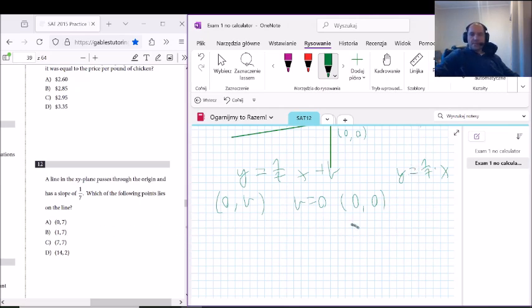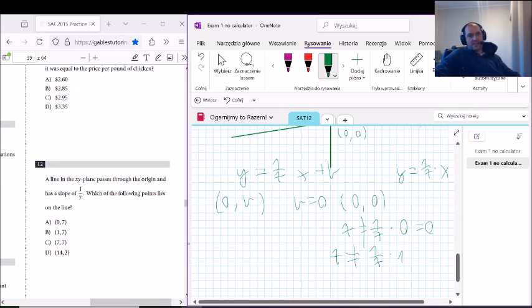So for point 0, 7, we get 7 equals 1/7 times 0. 1/7 times 0 is 0. That's not right, so this point doesn't lie here. The same for B. We will have 7 equals 1/7 times 1. 1/7 times 1 is 1/7, so it's not 7.